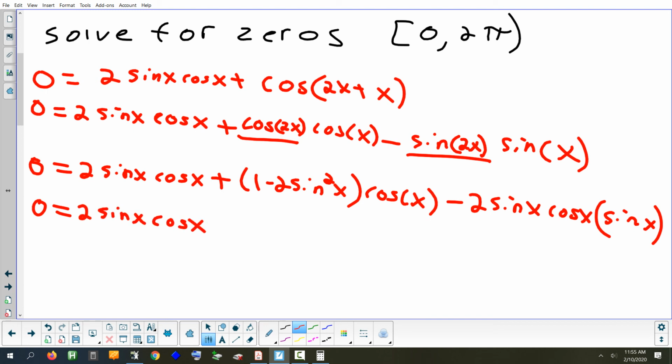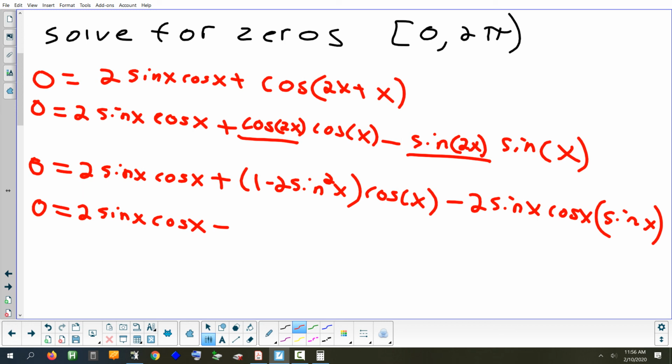So, 2 sine cosine minus. Now, I'm looking at this, and I'm looking at that, and they're very similar once you distribute. The order in this one is sine and then cosine, so I'm going to do this one in the same order and see what happens.